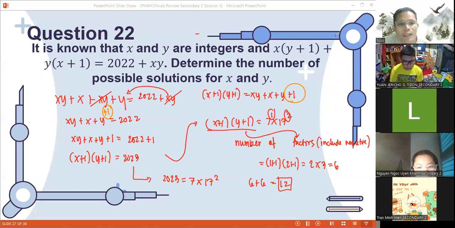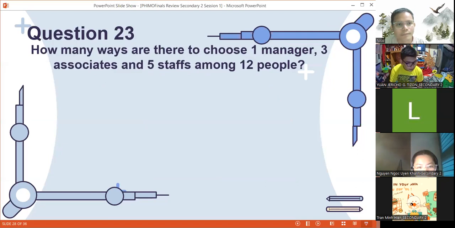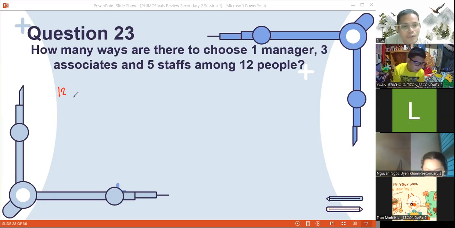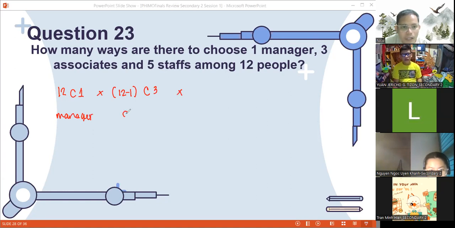Okay, let's have number 23. How many ways are there to choose from one manager, 3 associates, and 5 staffs among 12 people? So among 12 people, you choose 1 for manager, and then among 12 minus 1, because you already chose 1 for manager, you choose 3 for associate.